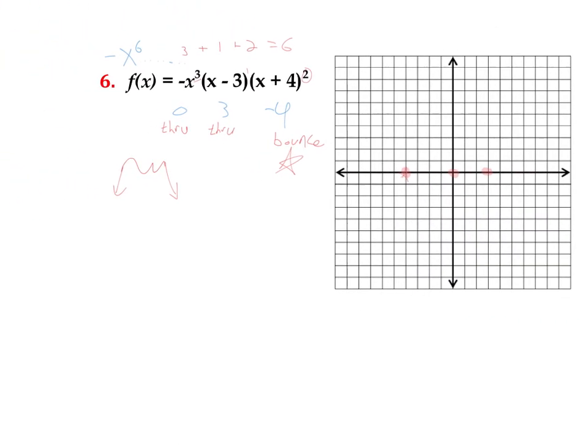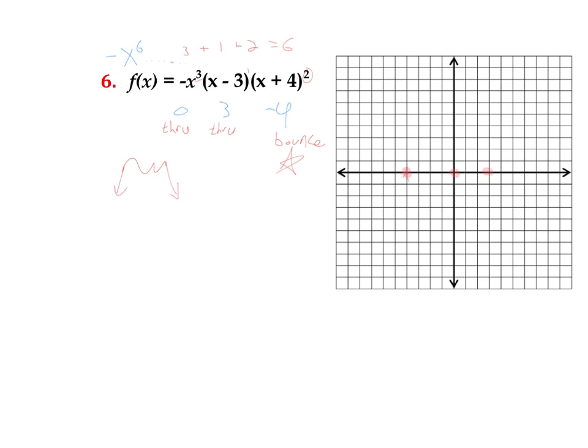All right, so I need to fit this shape onto this graph. Since it points down, I know it's going to start off being underneath the x-axis. It's going to start off being down here. So I approach my first x-intercept. It's a bounce point, so I'll hit it, and then I got to turn around.